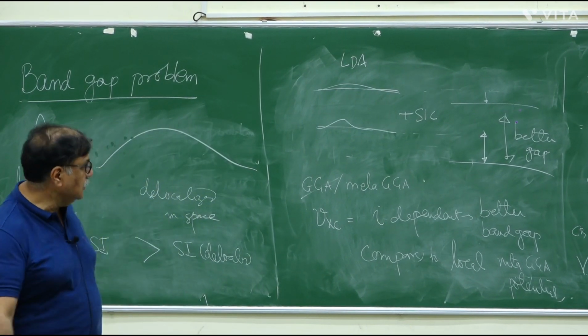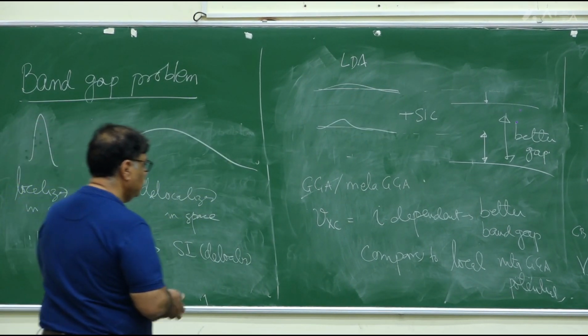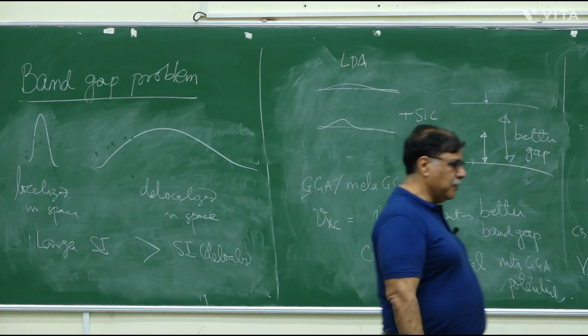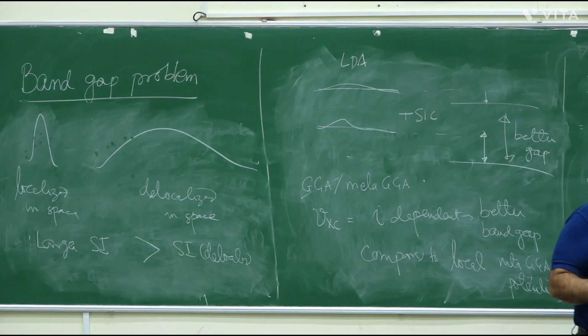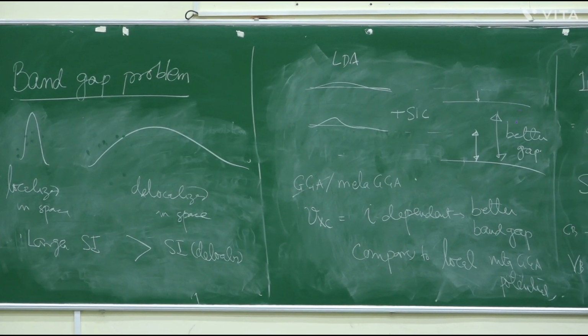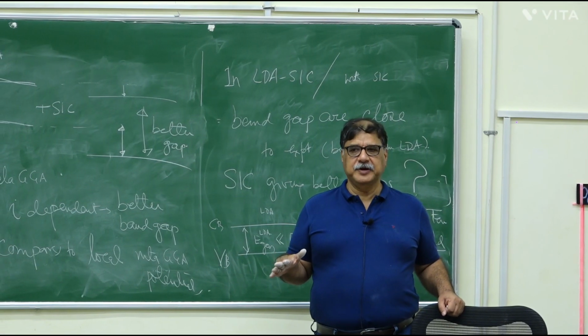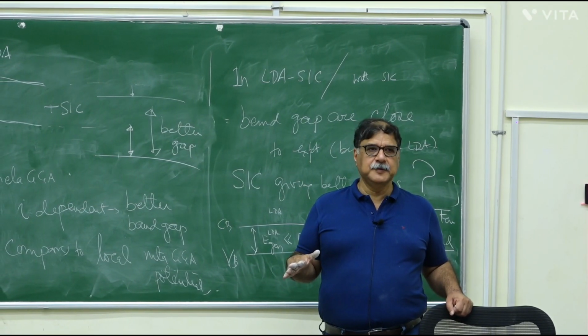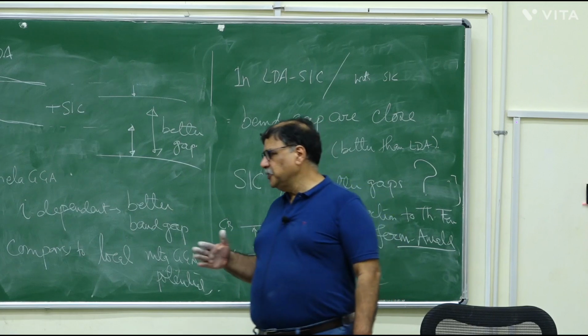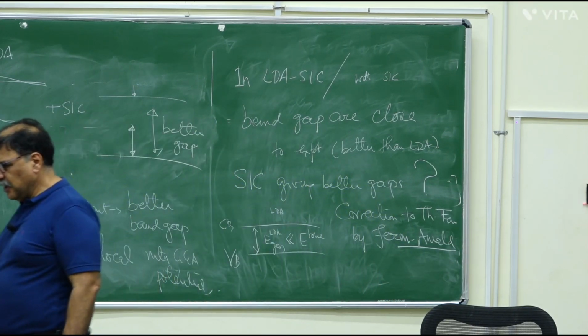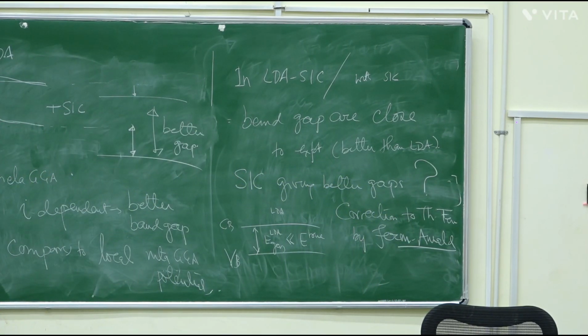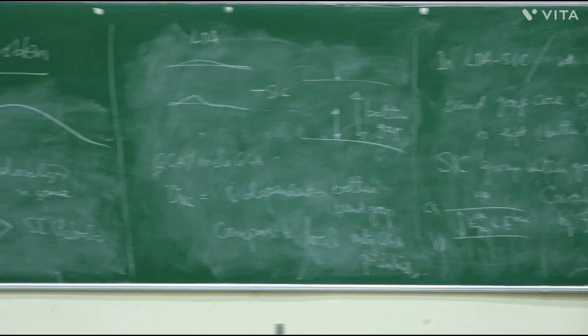The way I look at it again is that if the potential, because it's orbital-dependent, affects the conduction band much less than it does the valence band, you are going to get better gaps. That's because meta GGA, GGA, all these things have the gradient of density built in, and gradient would affect the valence band much more than the conduction band.